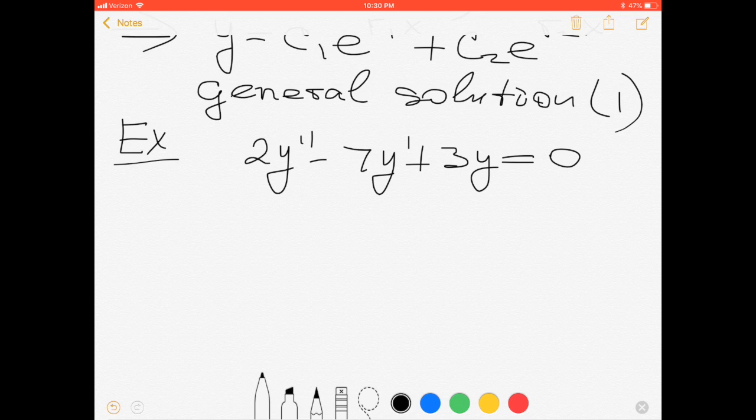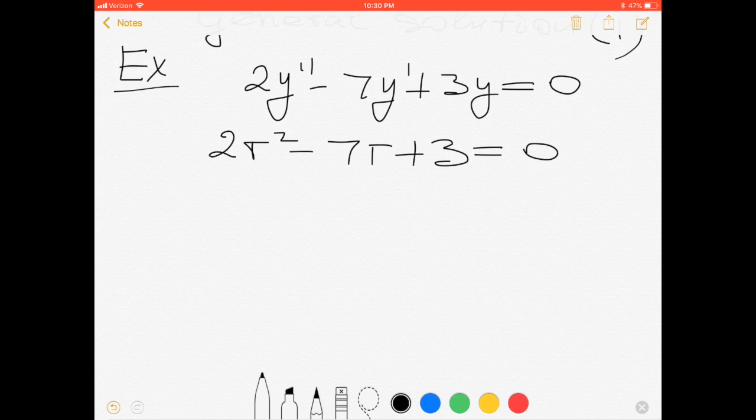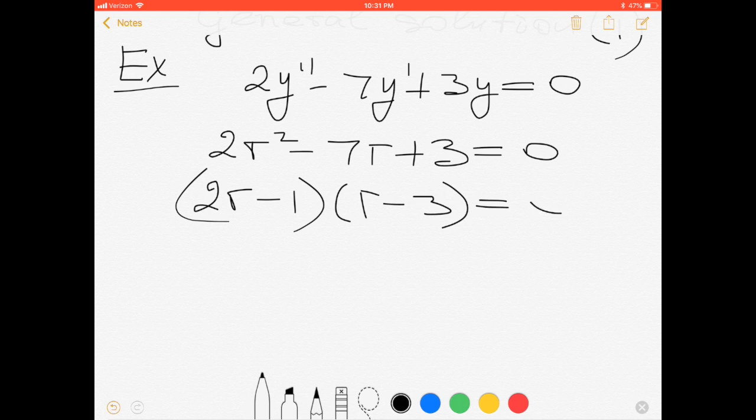Now we write our characteristic equation. It will be 2r squared minus 7r plus 3 equals 0. And this will be 2r minus 1, r minus 3 equals 0.